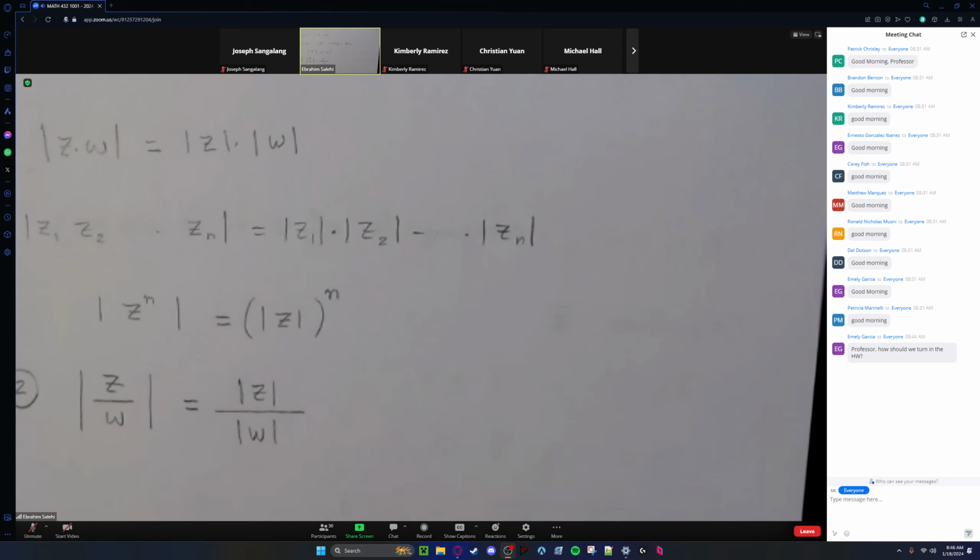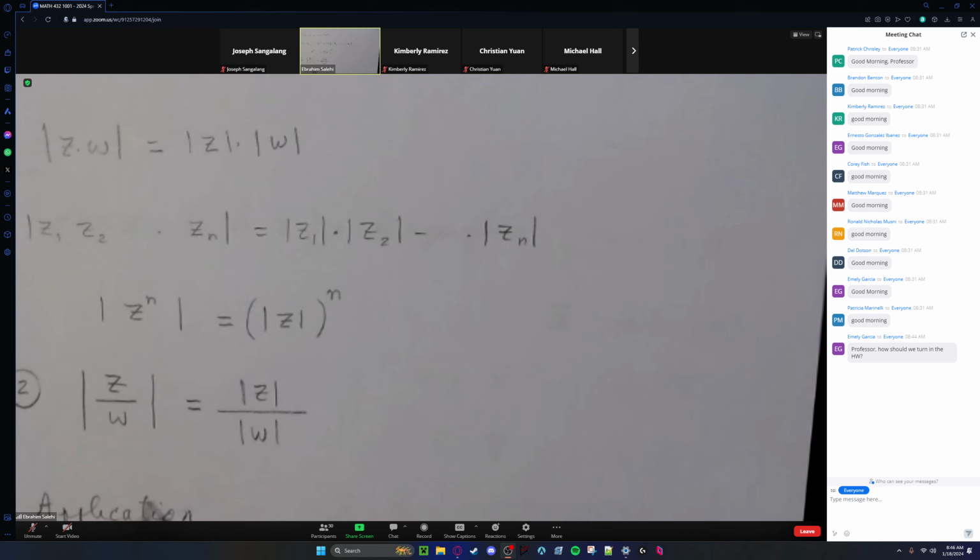Here is the application of 1 and 2. I want to find the modulus of something very, let's say, strange, very strange.